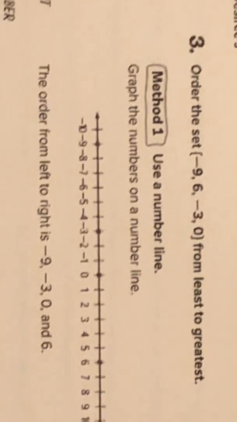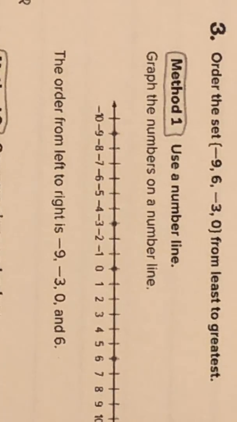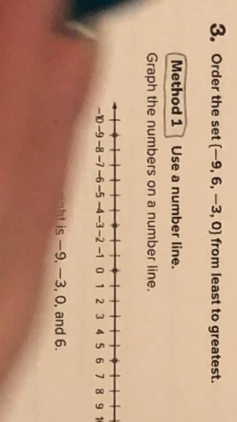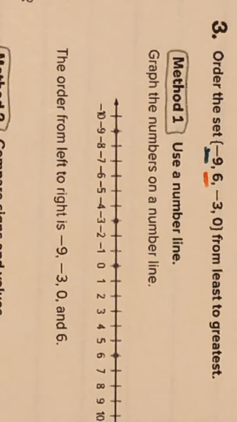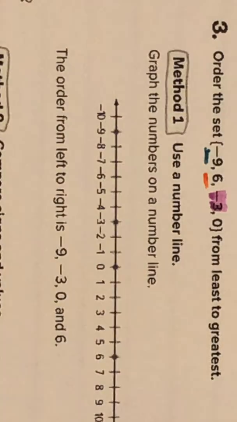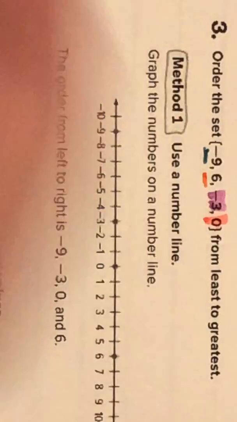Okay, number 3 says order the set -9, 6, -3, and 0. Okay, so I have -9, 6, -3, and 0.